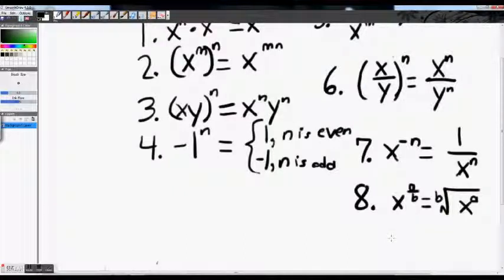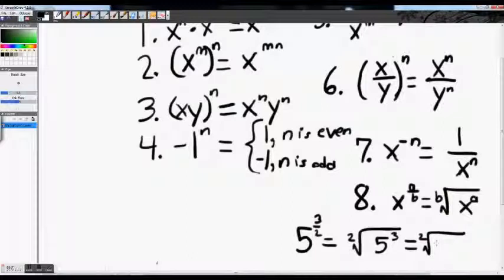So, for example, if we had 5 and we wanted to raise it to the 3/2 power, that would entail taking the square root of 5 cubed. 5 cubed is 125, and we'd be taking the square root of 125, which is approximately 11.18.